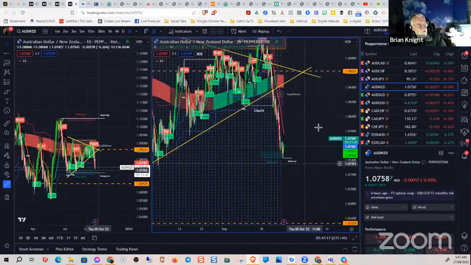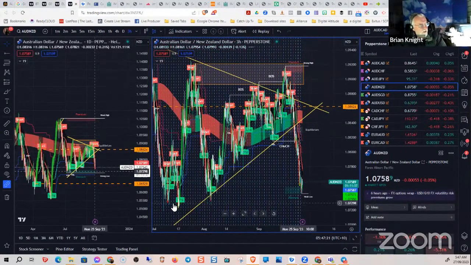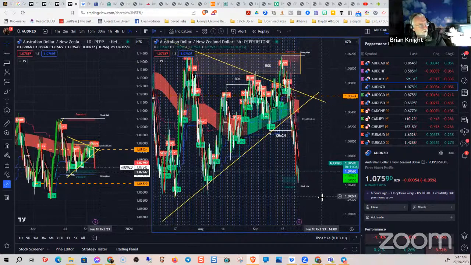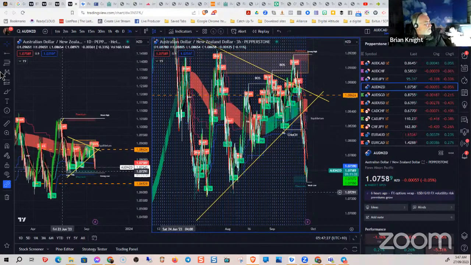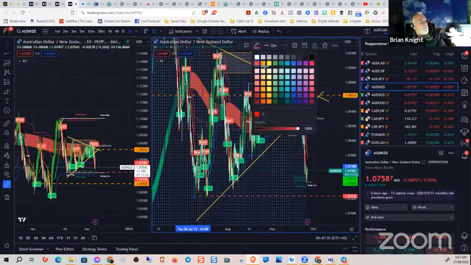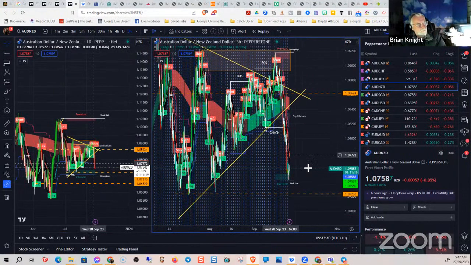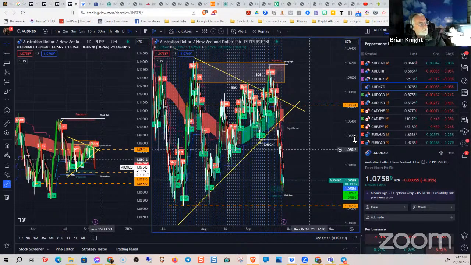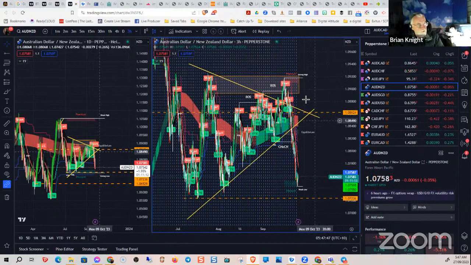It says on the 3 hour we have a weak low, and you have a number of other prices over here, which are all around about that mark. It may break there. We'll see. But as you know, I don't trade this pair.